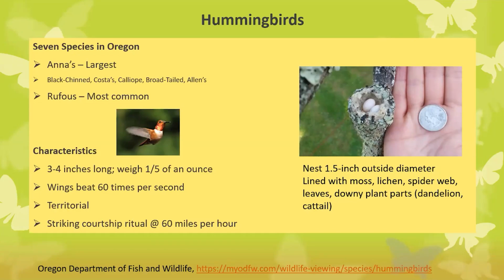It's thrilling enough to see a hummingbird in the garden feeding on flowers or displaying courtship behavior, but it's even more exciting if they choose one of the trees or shrubs in our yard to make a nest. These nests are tiny, 1.5 inches in outside diameter, made with sticks, leaves, moss, and lichen, materials they can find in the garden.